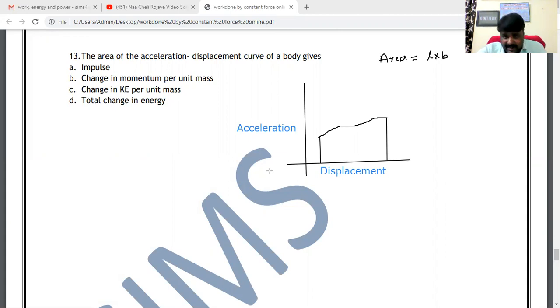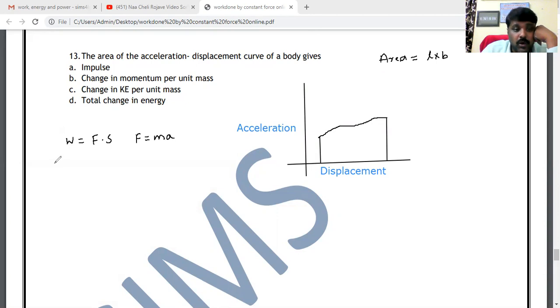Let us go on to the concept now. The work done on an object is given by the product of force and displacement, but according to Newton's second law of motion, we have the force as F equals mass into acceleration.